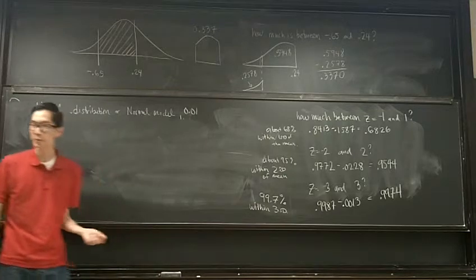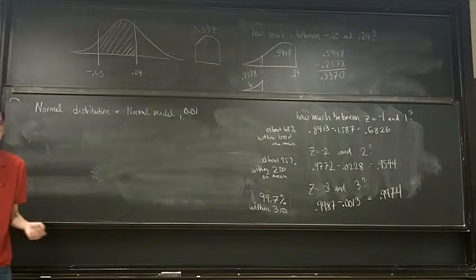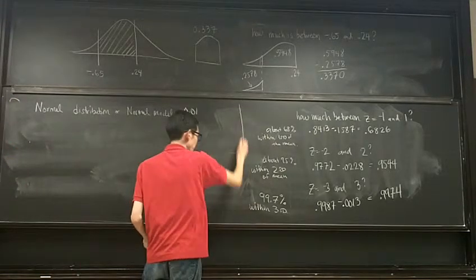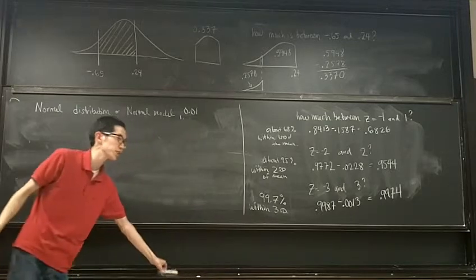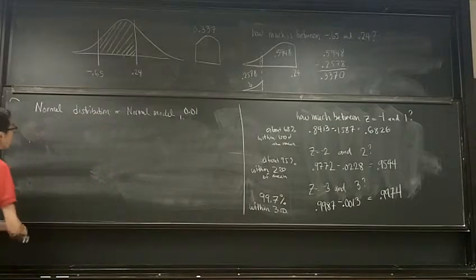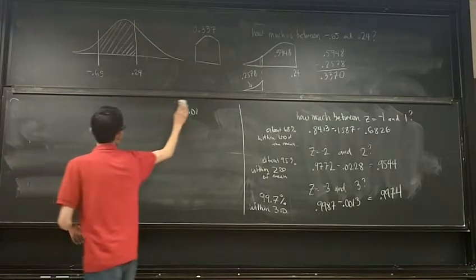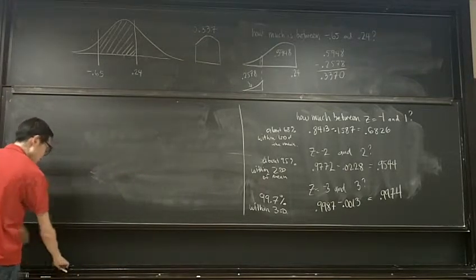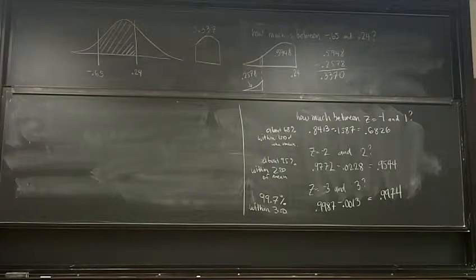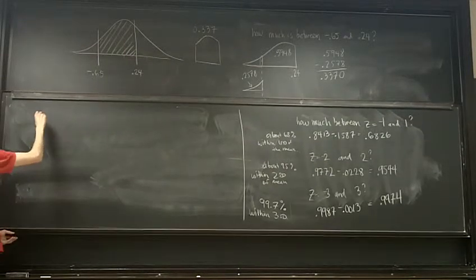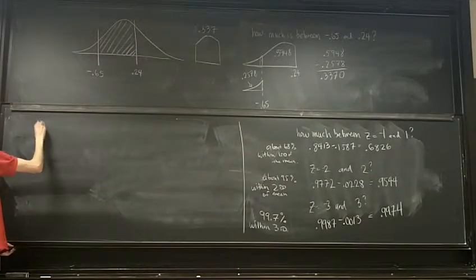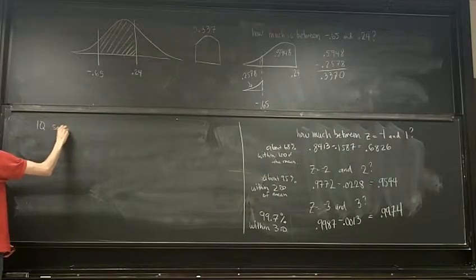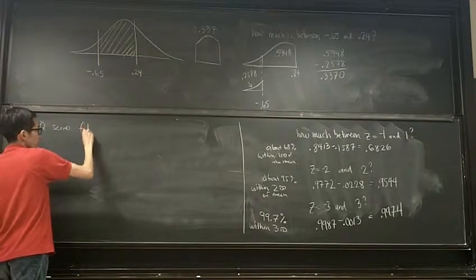Alright, do you guys remember how to find z-scores? Yes? Okay. Well then let's put all of our knowledge together and tell me if you can give me an answer here. So I'm going to say IQ scores follow the normal distribution.